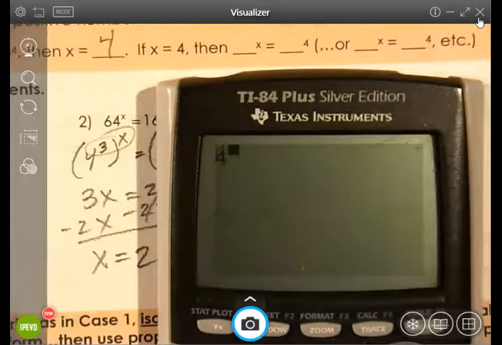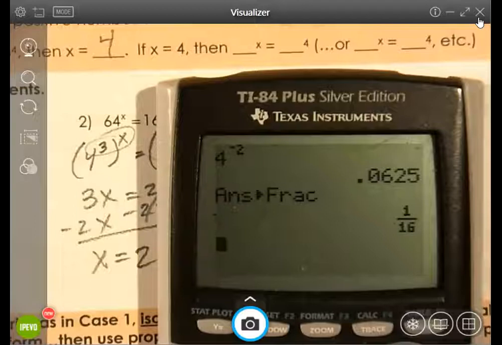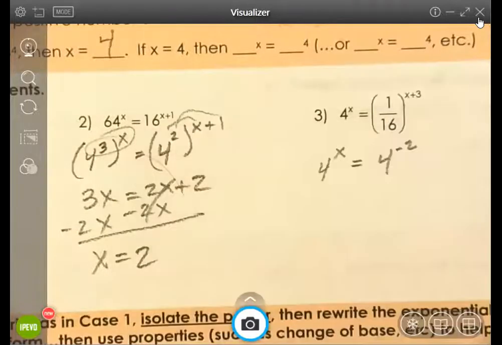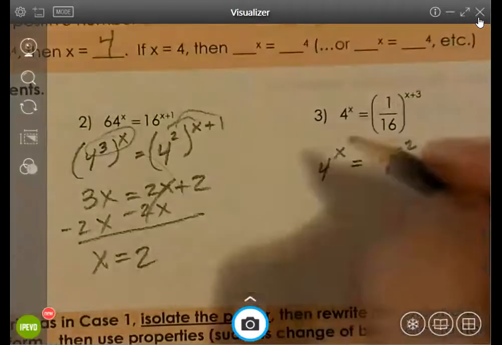4 to the -2 power is the same fraction as 1 over 16. So it's just a good way to be able to check your work when that's appropriate.